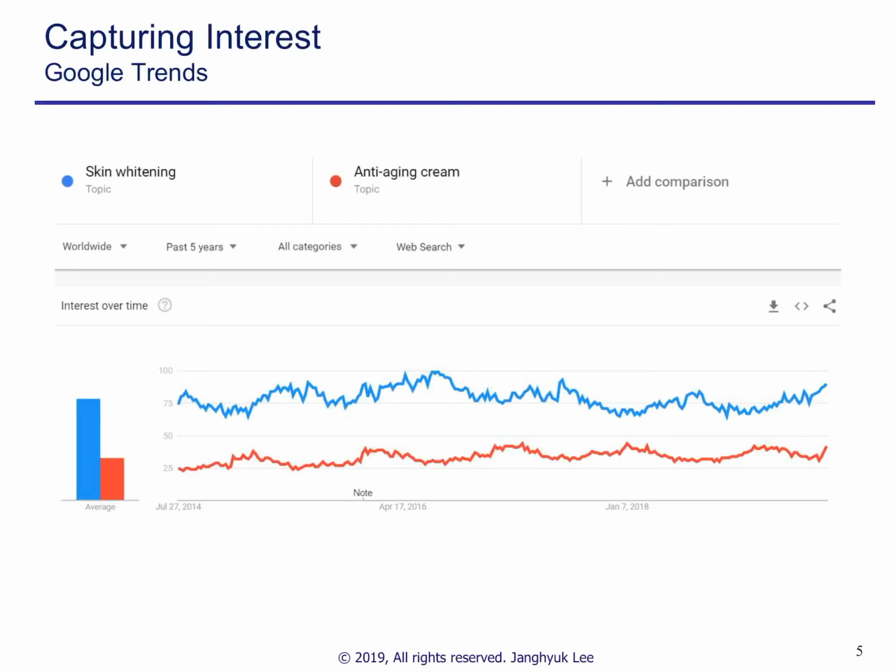So Google Trends captures the search volume of those two different keywords and reflects how much volume of these keywords was searched by individuals in a specific location and for a given time. So here it is worldwide for the last 5 years. We can see the evolution of two different keywords. Overall, more people searched skin whitening compared to anti-aging cream.